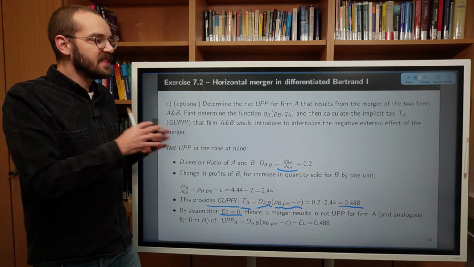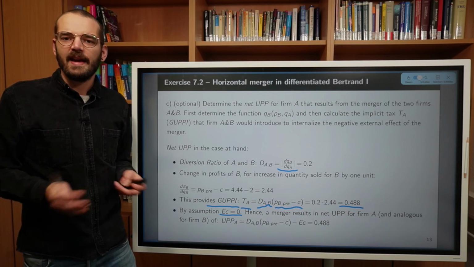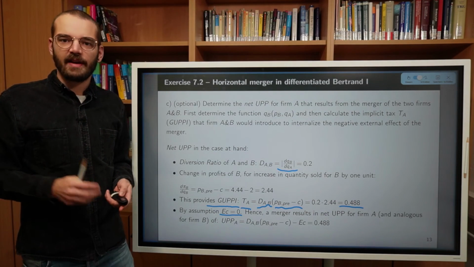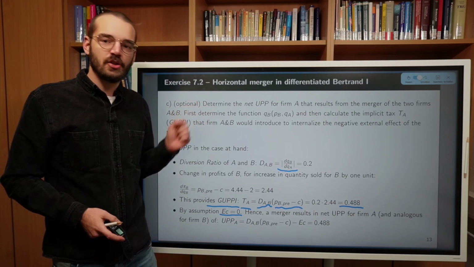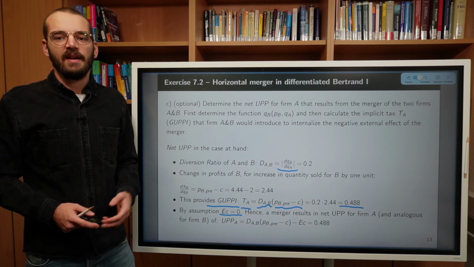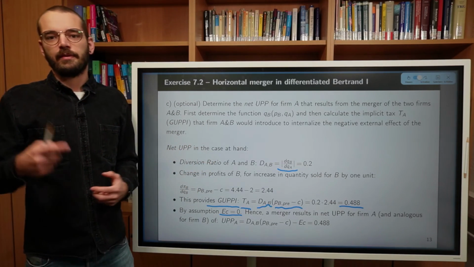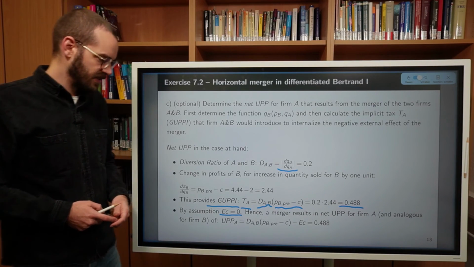Well, in this case at hand, we have not stated that there will be any efficiency effect. Rather, we have assumed that the marginal costs of firm A and B are exactly the same as they were for firm A and firm B pre-merger, right? So there are no efficiency gains in our model.